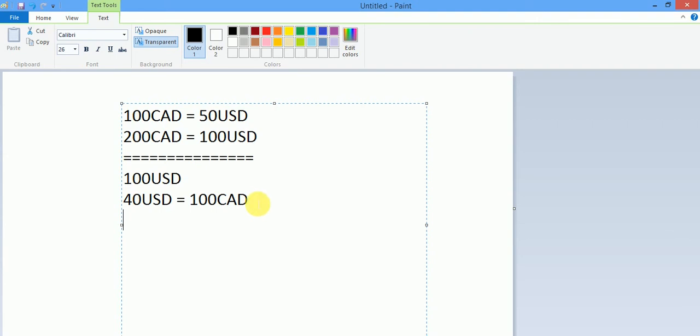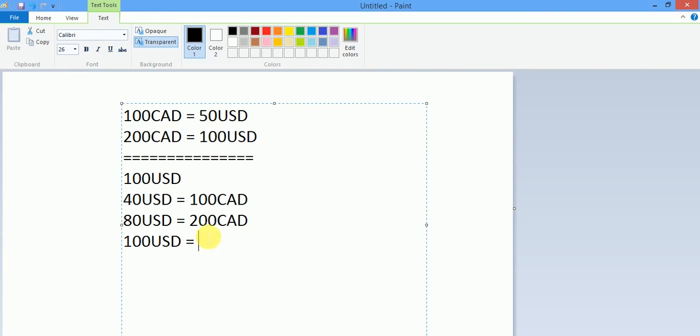Okay, from the model we have here, you will believe that 80 US dollars can give us 200 Canadian dollars. So that is times 2 of this, which will give you 80, and times 2 of this will give you 200. To complete this to 100 US dollars, we say 100 US dollars will give us what?